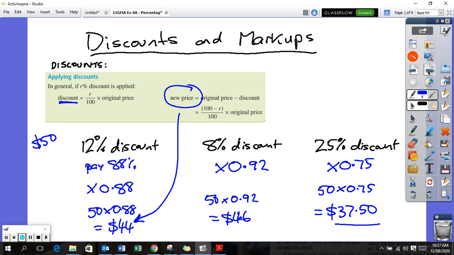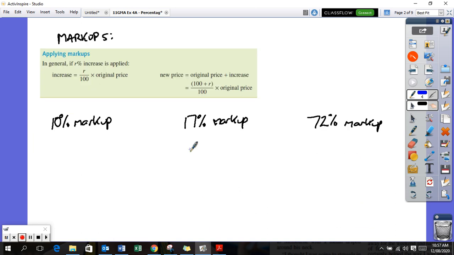So now we look at markups. Markups are when you might be in a shop, you buy something in and you're going to mark it up so you get a profit. If we've got a 10% markup, the only difference with markup, you'll see the formulas are the same, except it's got the word increase instead of discount, and we're adding on.